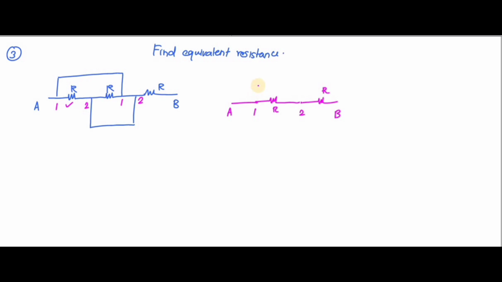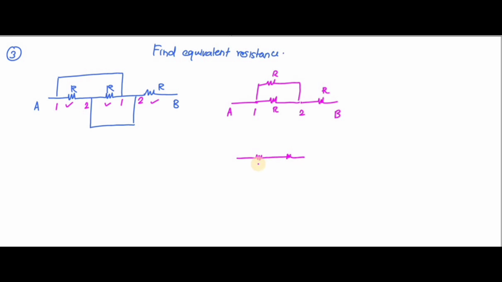So from 1 to 2 I have this resistor, right? So let me give it a tick mark, okay. So I have drawn the 3 resistances. So you see R and R are parallel, so I can write it as R by 2.